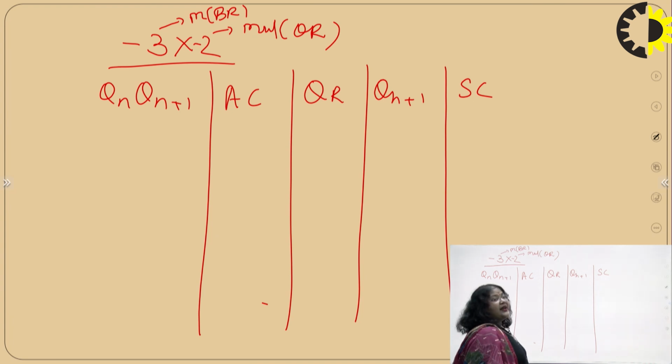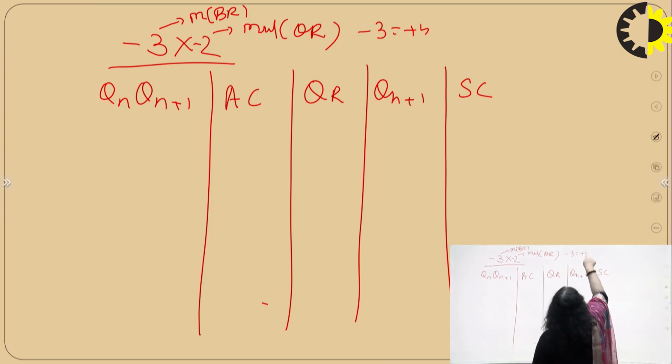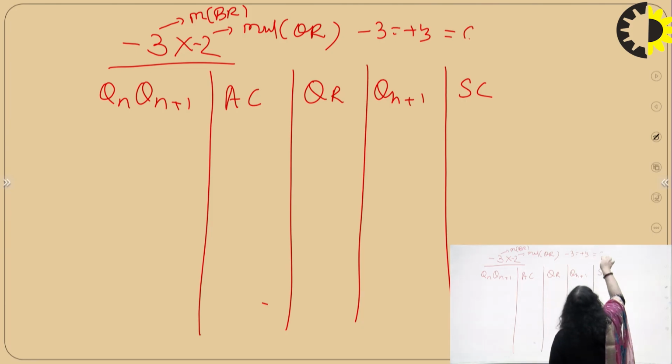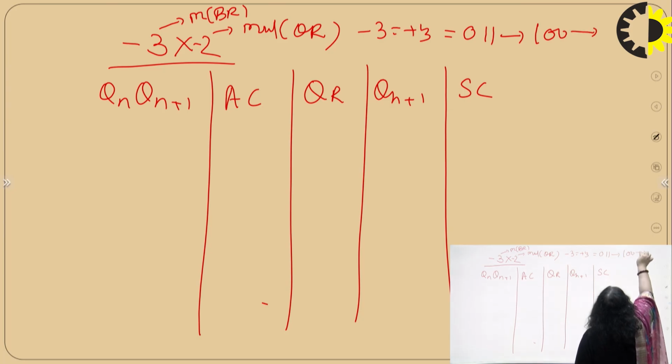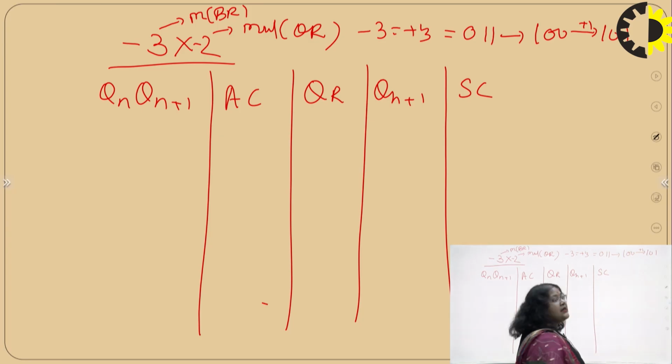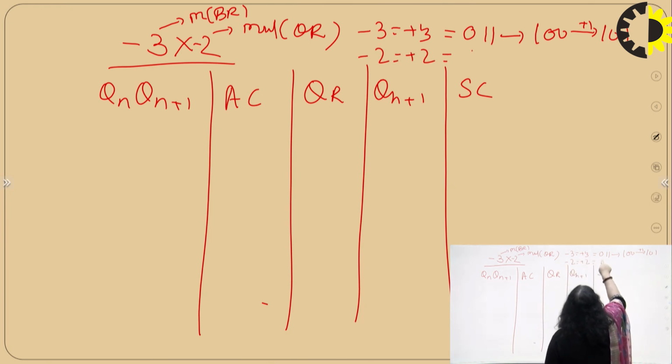Now first we have to find the value of BR and QR in binary form. So -3: +3 is 0 1 1. Then we take the complement of that, so it is 1 0 0. Then plus 1 for the 2's complement is 1 0 1. This is the 2's complement form of -3. Then -2: +2 is 0 1 0.